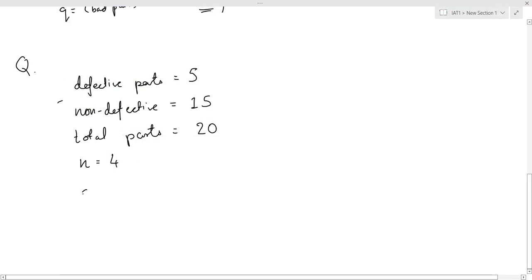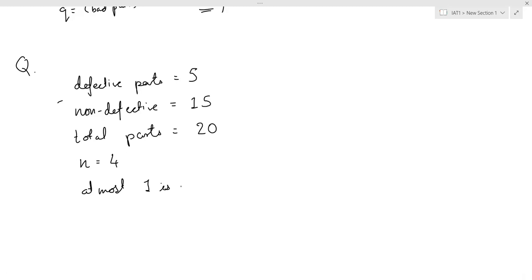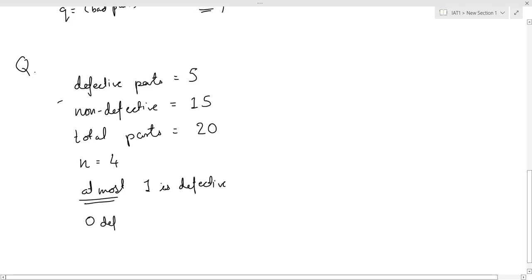What are they saying? That at most one is defective. It means there can be 0 defective parts or there can be 1 defective part. Right? At most one means what? 0 defective is also allowed and 1 defective is also allowed.